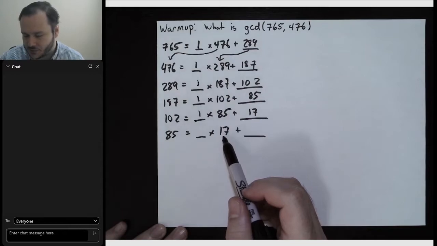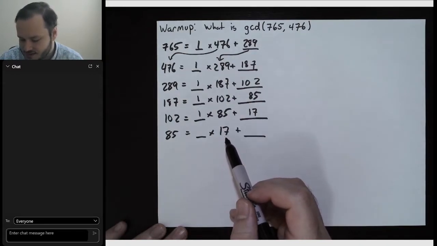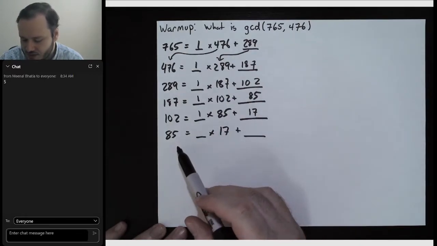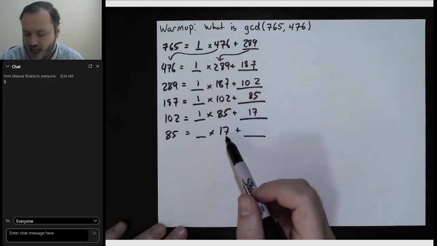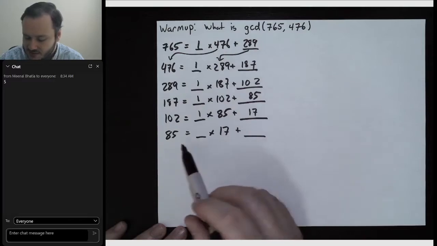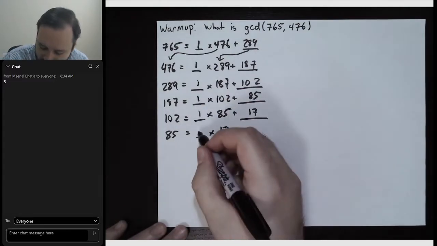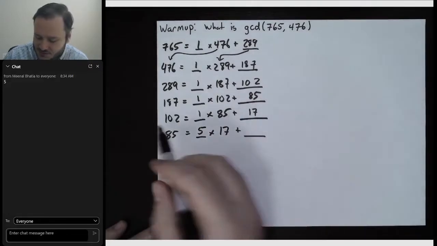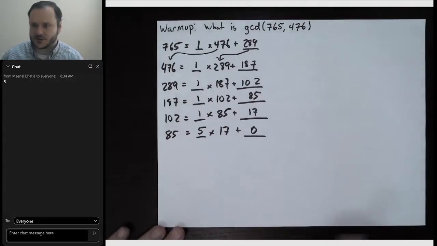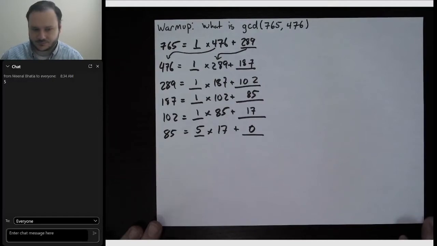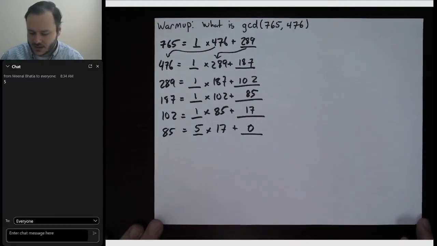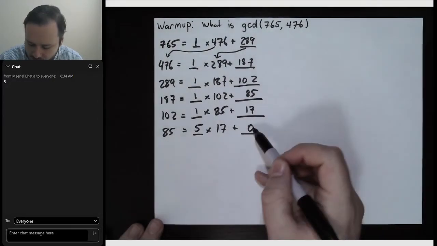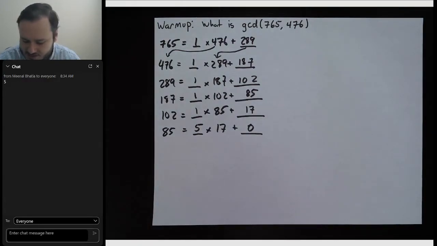I can even double 34 to get 68. I'm still good. To 68, I add another 17. I get 78 plus 7 is 85 exactly. So that's a total of 5 copies of 17. That's 50 plus 35 is 85 with a 0 left over. Okay, so I've got my 0 remainder, which means I get to stop.